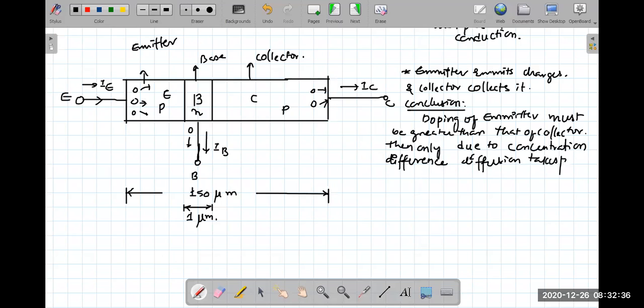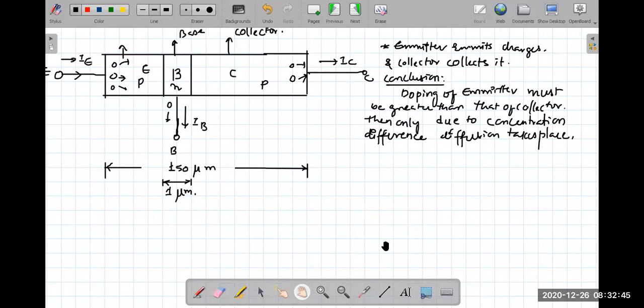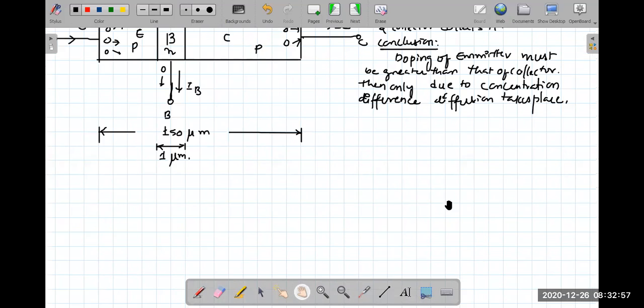Diffusion takes place. So the first thing we have understood, coming to doping, is that the emitter, whichever is emitting the electrons, must be highly doped. And the collector must be low.